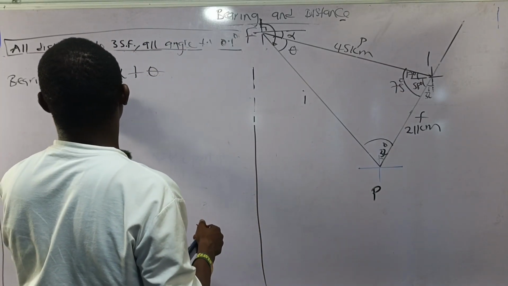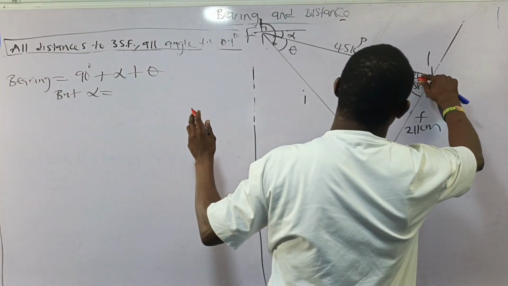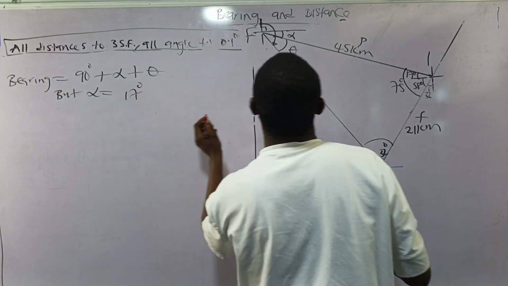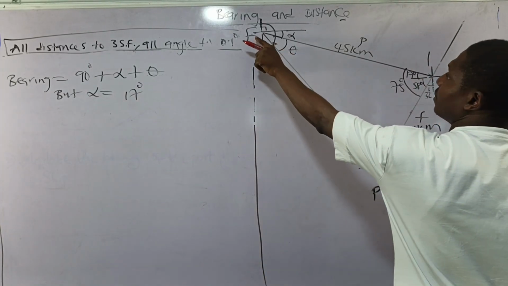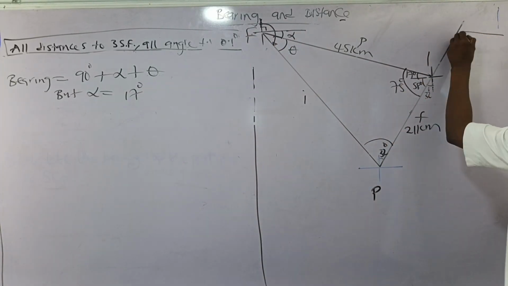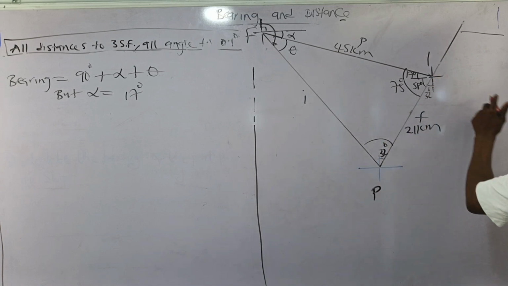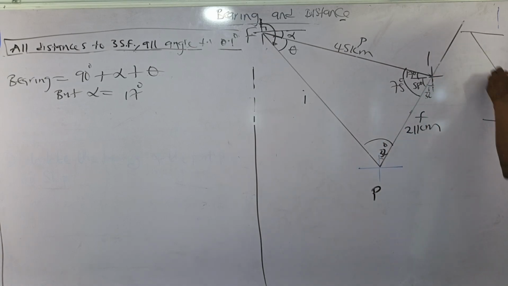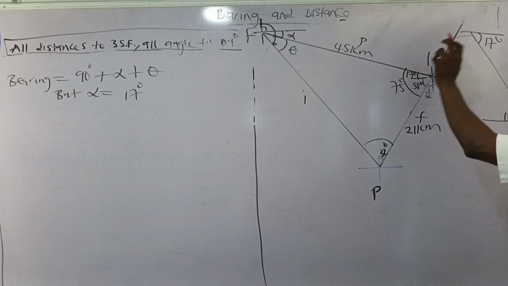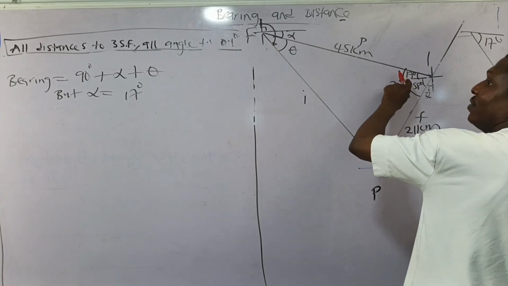But alpha is equal to this 17 degrees here. Why? This is a perfect east-west. There's another perfect east-west here. If there's a line that connects them, since it's a perfect horizontal line and a perfect horizontal line, and this is 17 degrees, then here must be 17 degrees. That's how we have alpha equal to 17 degrees.